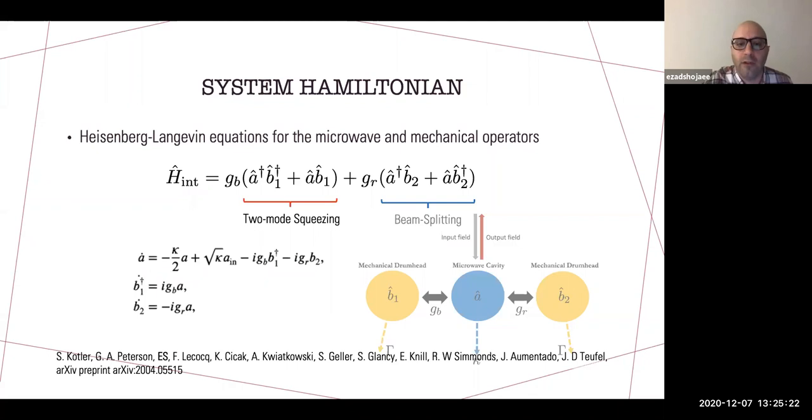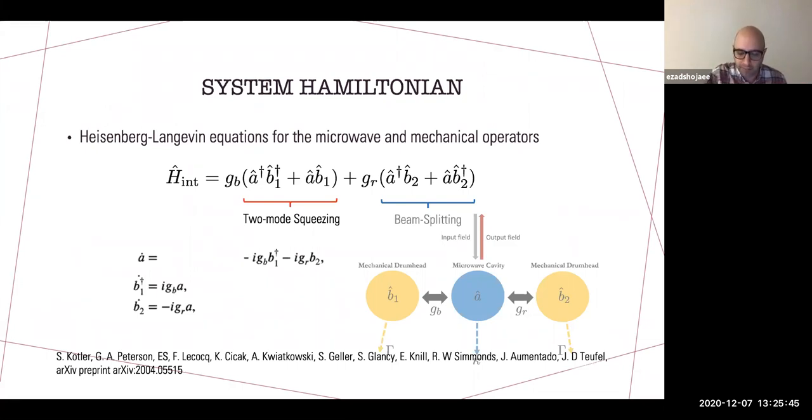And whenever you include the effects of the environment interacting with your system, you will end up having these Heisenberg-Langevin equations of motion. So again, just to make sense of it, let's for a moment assume you do not have any interaction with the medium or environment. This would be the Heisenberg equations of motion for A, B1, and B2, the fields of interest.